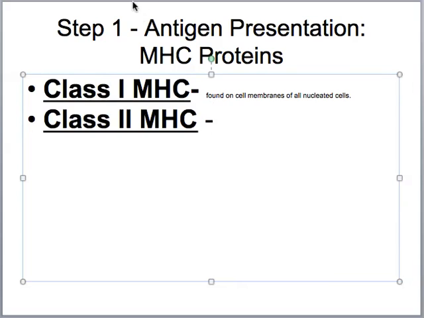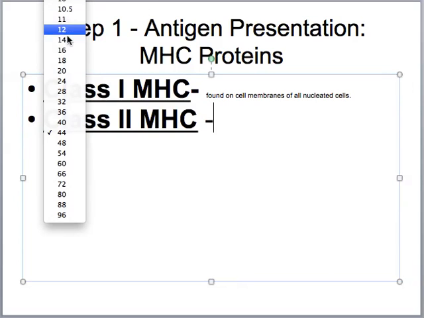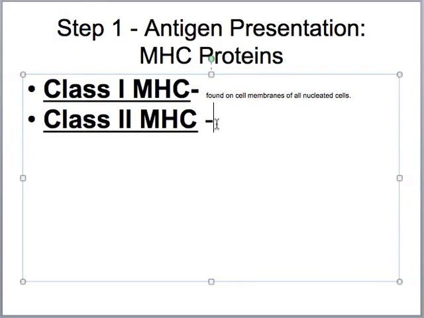Class 2 MHC proteins are found only on the surfaces of antigen-presenting cells, or APCs.